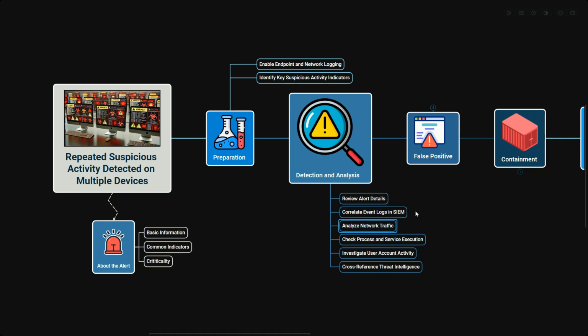Okay, next we have to analyze the traffic pattern. We need to investigate the network connections from different affected devices, and we can look for unusual external IP addresses, or maybe high volume of traffic into the network.